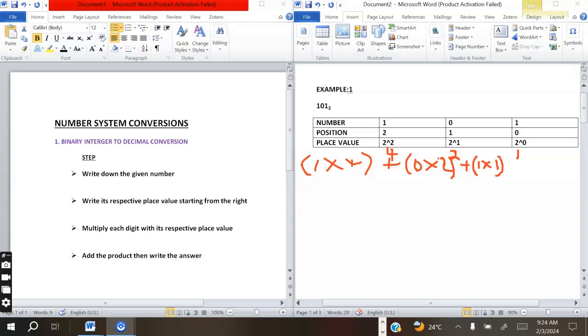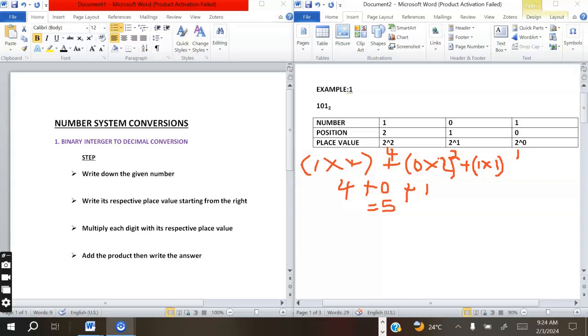This one multiplied by this one, 1 multiplied by 4 is 4, plus 0 multiplied by 2 is 0, plus 1 multiplied by 1 is 1. Therefore, 4 plus 0 plus 1 gives us 5.